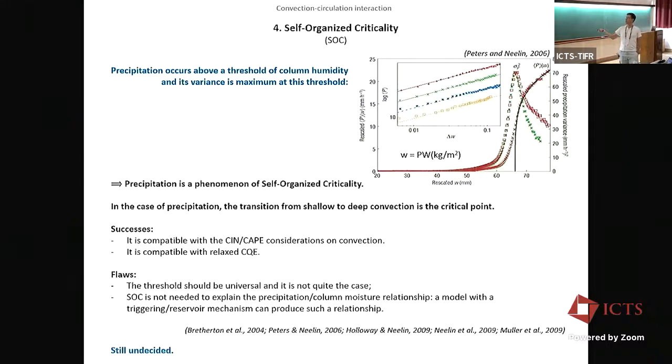The theory of self-organized criticality just says that it's going to organize according to a power law, but the power itself is not specified. So you can fit a little bit how you want, and you cannot really constrain this point here. Thank you.